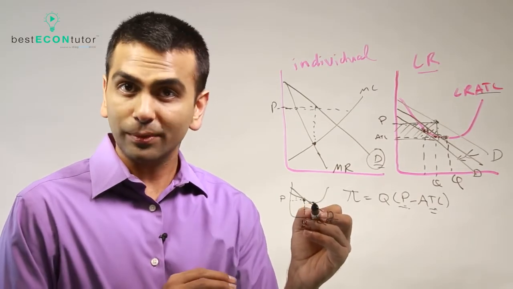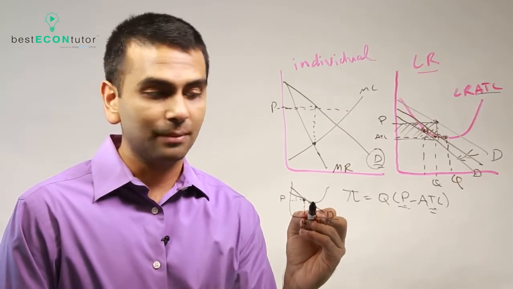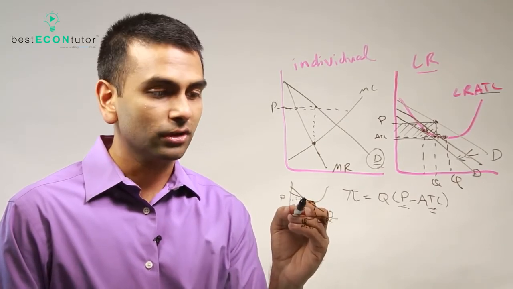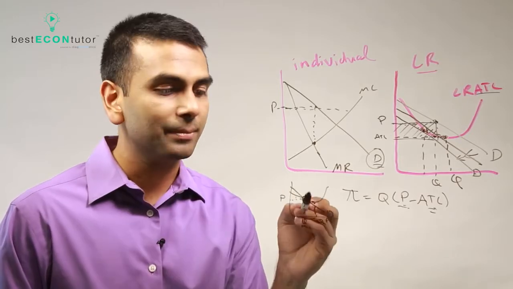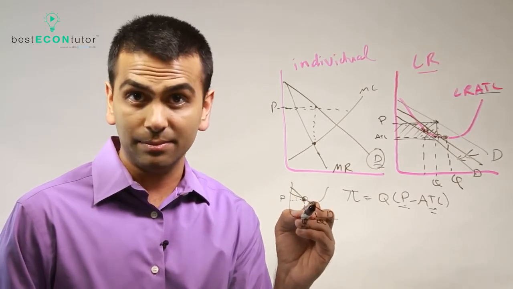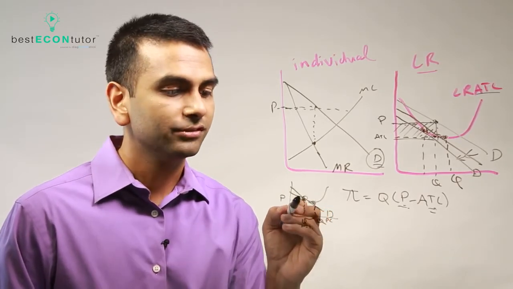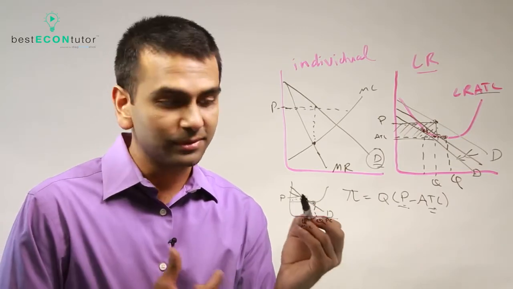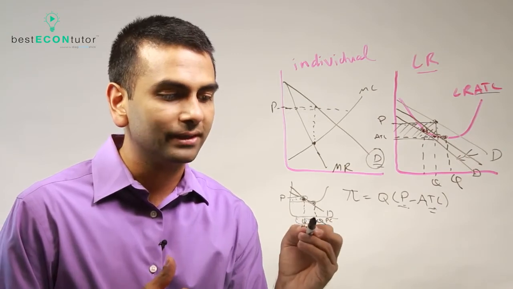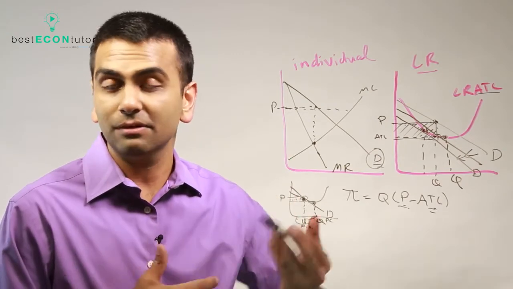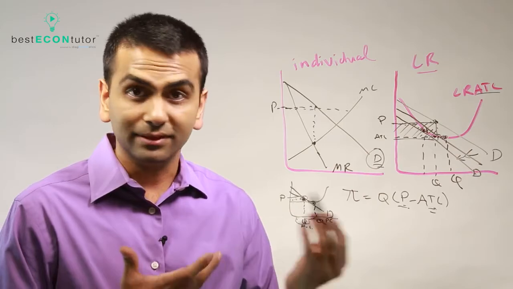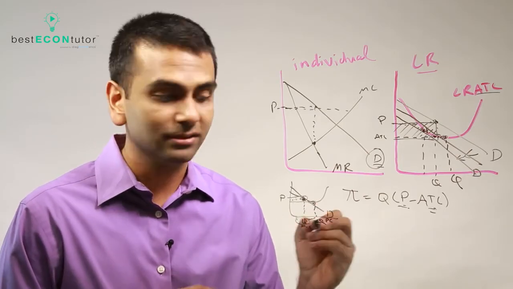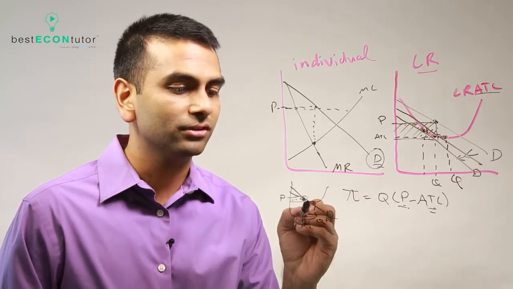Notice you'd even charge a lower price in the long run if you were in perfect competition, because in perfect competition the long run price is always the minimum of the ATC, if you recall. So it's kind of sad that customers have to pay a little bit more and get less quantity. There's excess capacity, meaning you have the capacity to do more. That's really deadweight loss. So there is deadweight loss in the long run for monopolistic competition.